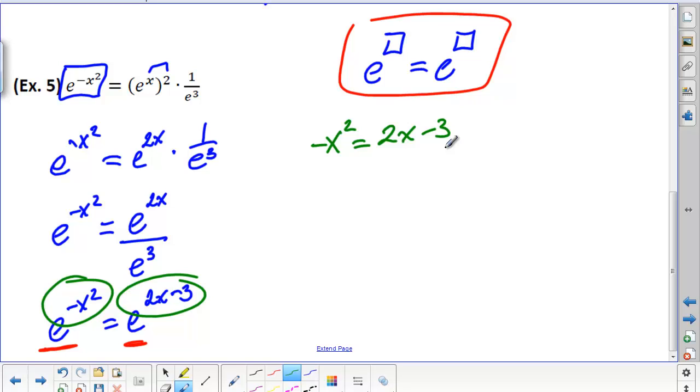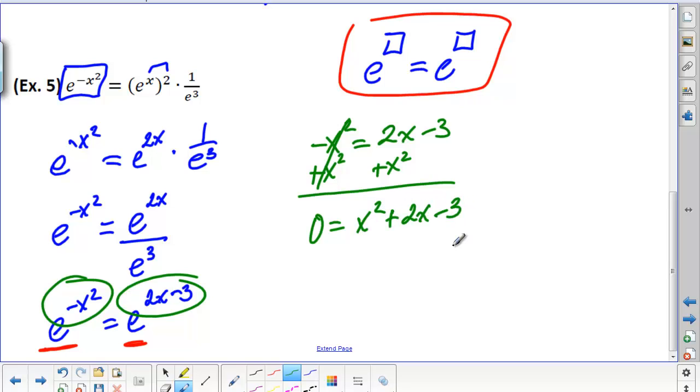Now here, it's a quadratic equation, right? We've got the x squared, so let's get all the terms on one side, add x squared to both sides. We get x squared plus 2x minus 3. And then we can solve this by factoring.